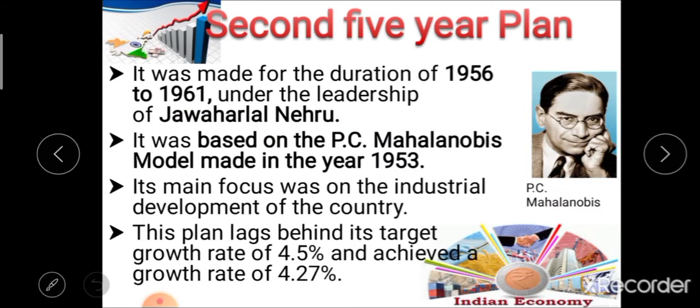Then the second 5-year plan, during 1956 to 61, under the leadership of Jawaharlal Nehru.